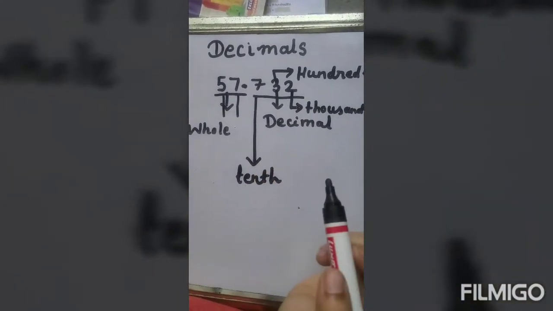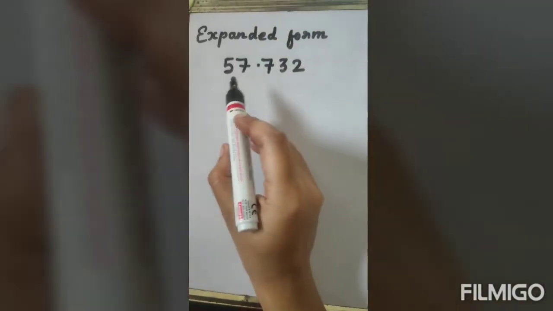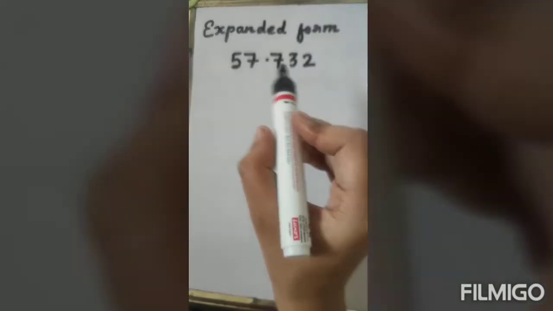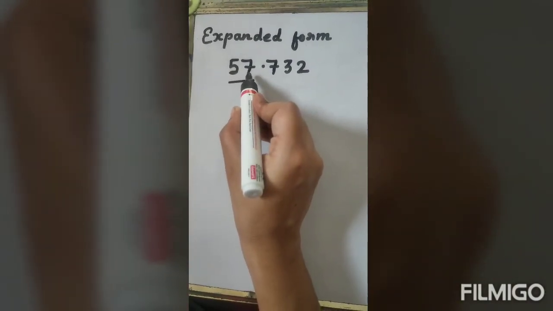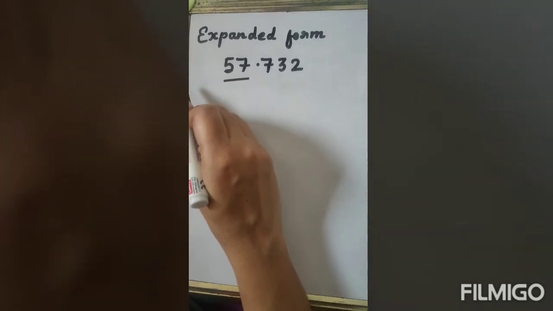Now, we will look at the expanded form of this decimal number. How do we write this number in expanded form? As we know, in the whole part, it has places like ones place, tens place, hundreds place, thousands place and so on.